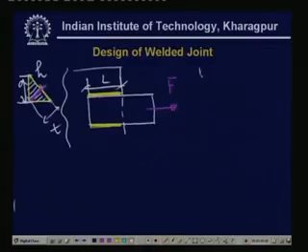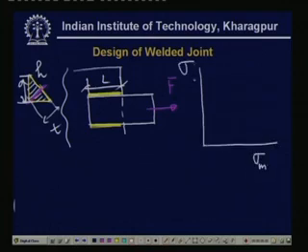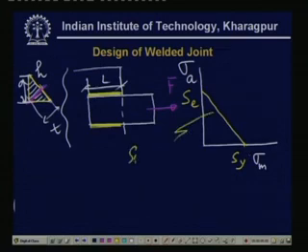Then we take the help of Goodman's diagram, which we have already used for the bolted joints. Goodman's diagram again for sigma m, sigma a. We can use different strategies. We may use Soderberg line, where this is from sigma e, SE, to SY. Then this is Soderberg line.